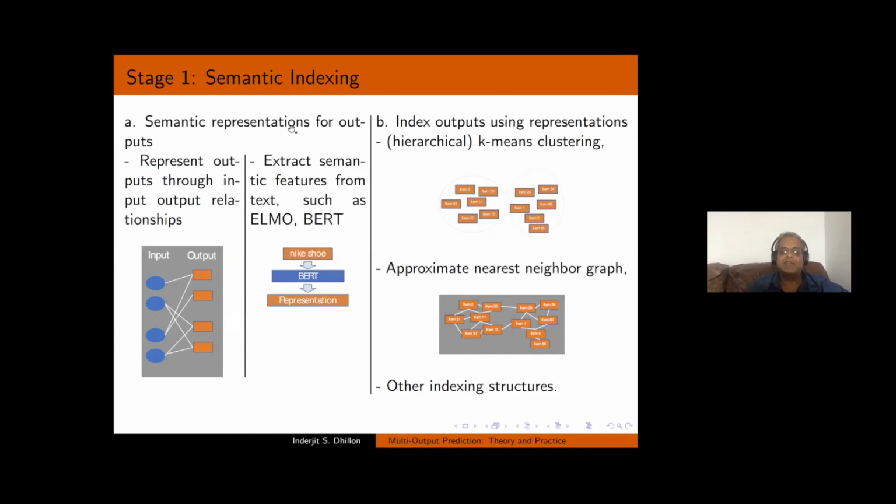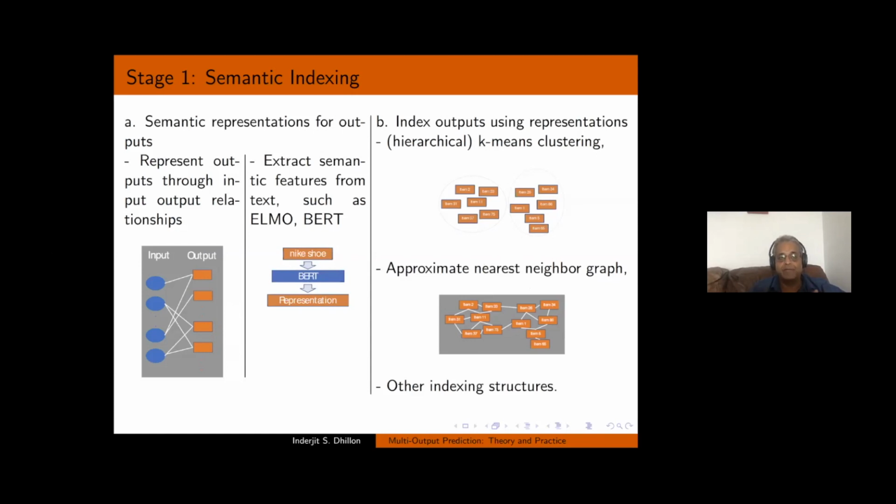And once I have these semantic representations, then I can think about doing, for example, clustering or hierarchical clustering, and maybe even organize the outputs in a hierarchical manner or arrange them in an approximate nearest neighbor graph. So this essentially organizes all the possible outputs.